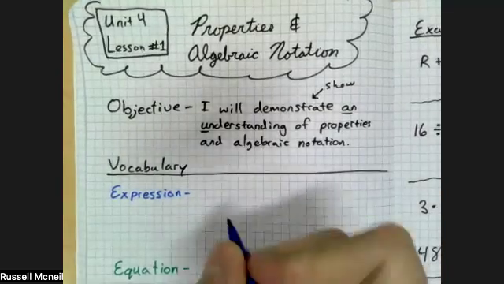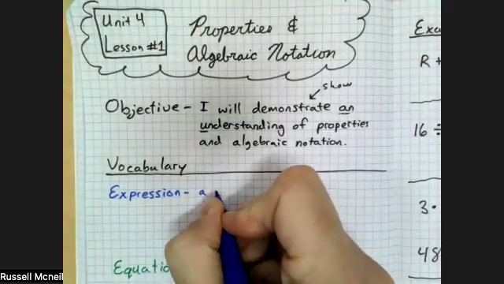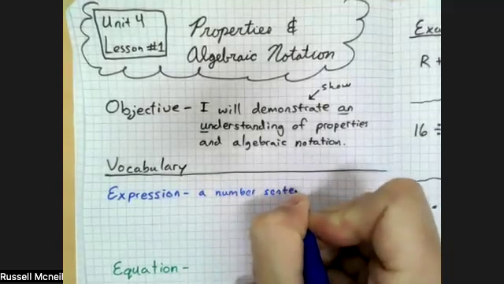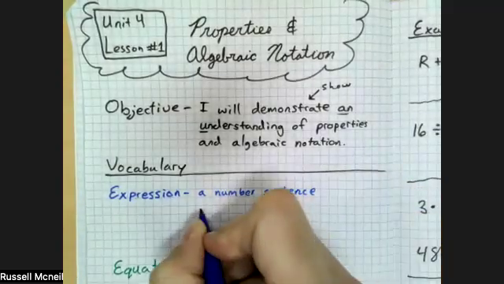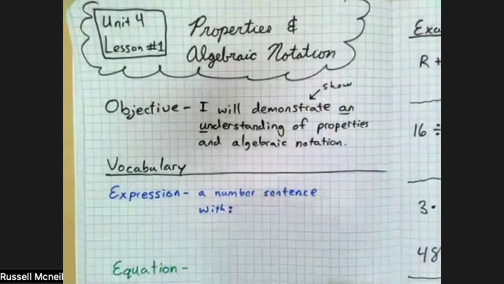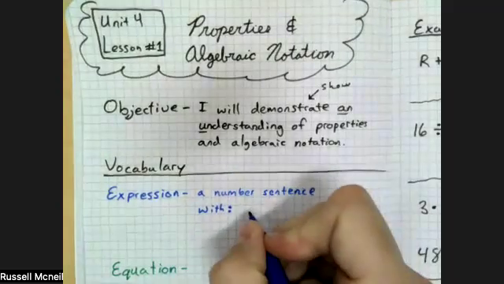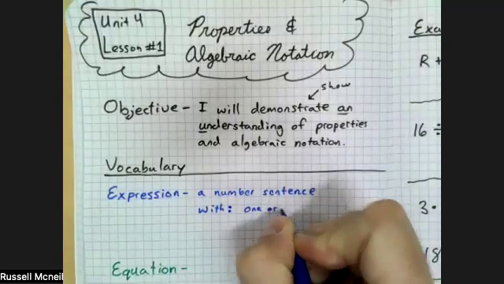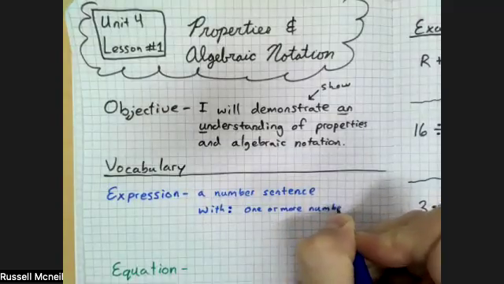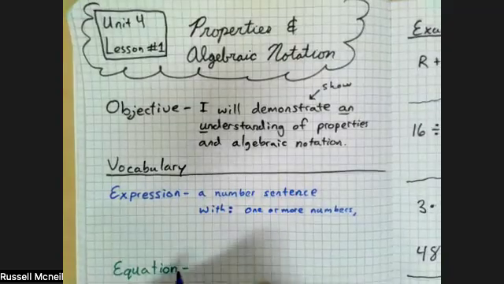Expression. Now, this is a number sentence with one or more numbers, comma, variables.